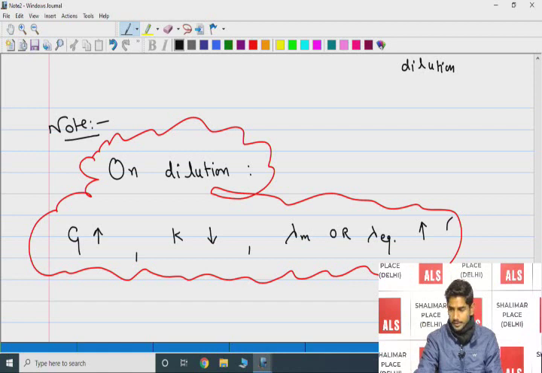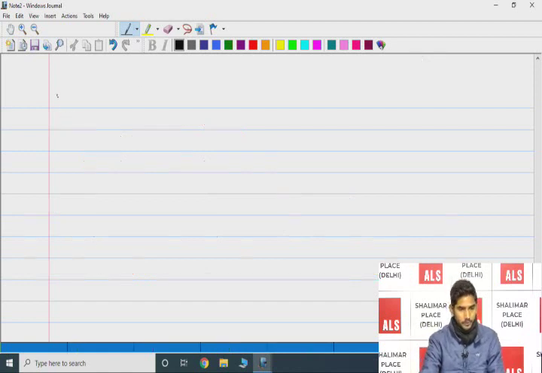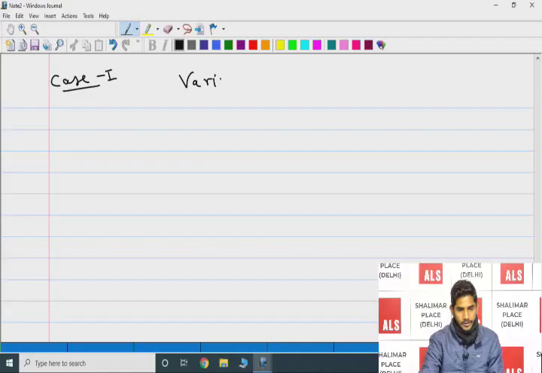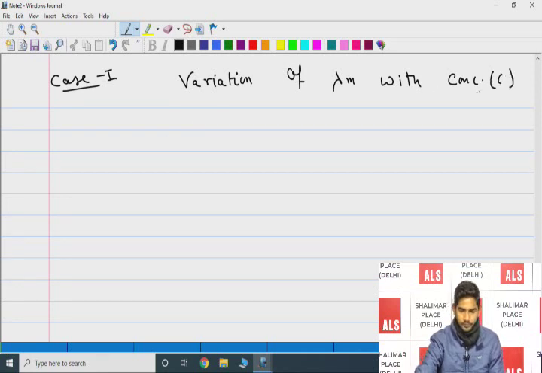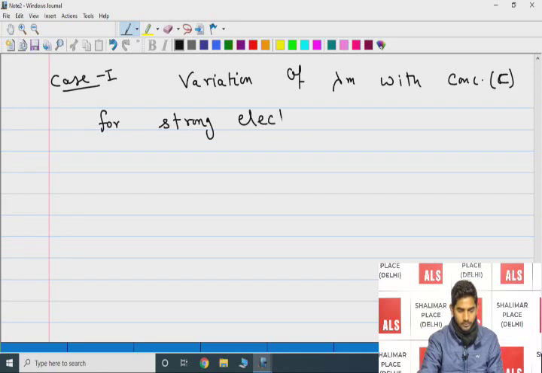Okay, so let's move on to the next part. Case 1, variation of lambda m with concentration C for strong electrolyte.